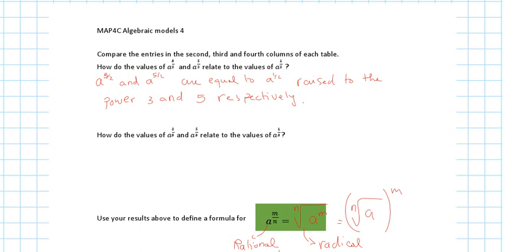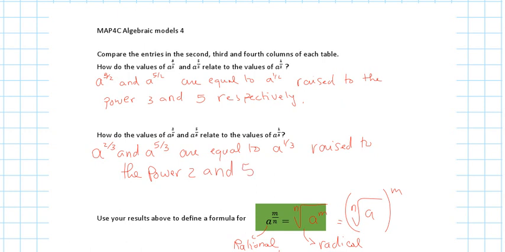Same with a to the power of 2 over 3 and a to the power of 5 over 3. Compared to a to the power of 1 over 3, they're raised to the power of 2 and 5 respectively, right? So a to the power of 2 over 3 and a to the power of 5 over 3 are equal to a to the power of 1/3 raised to the power of 2 and 5, respectively.